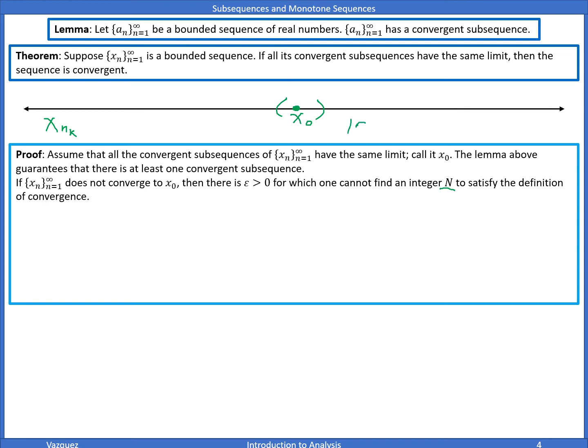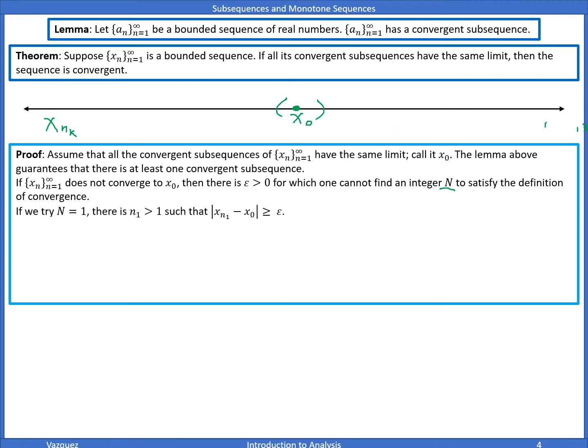Such that the absolute value of x sub n minus x naught is less than epsilon. You can't find this point, right? There exists no n. And that's the case if x sub n does not converge to x naught.